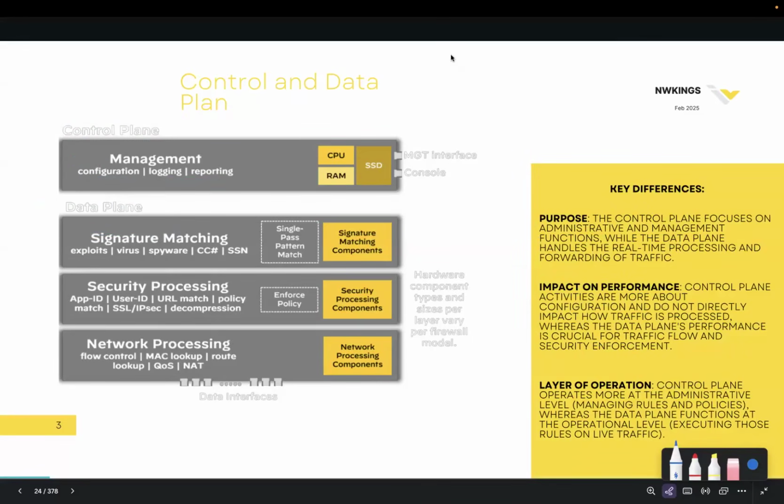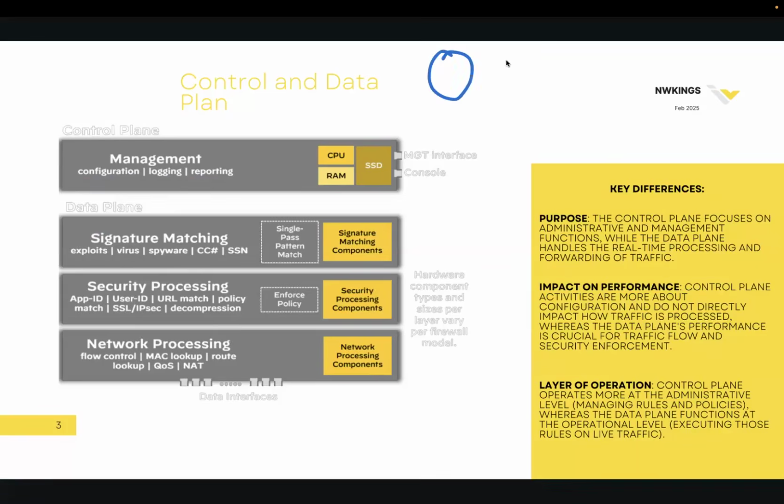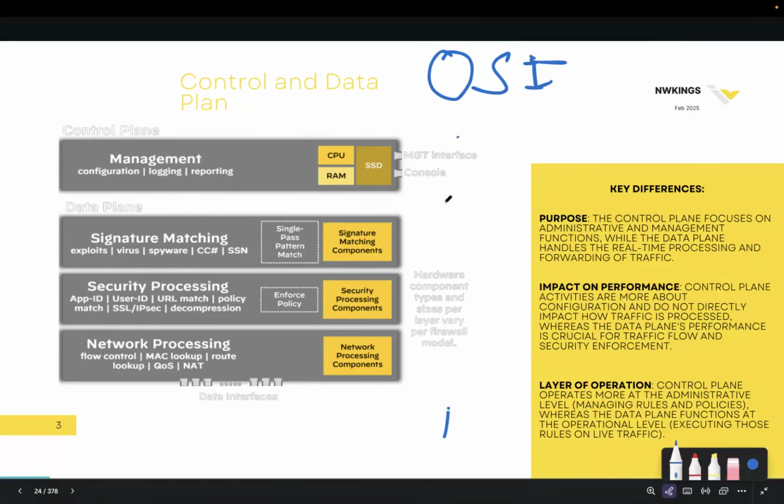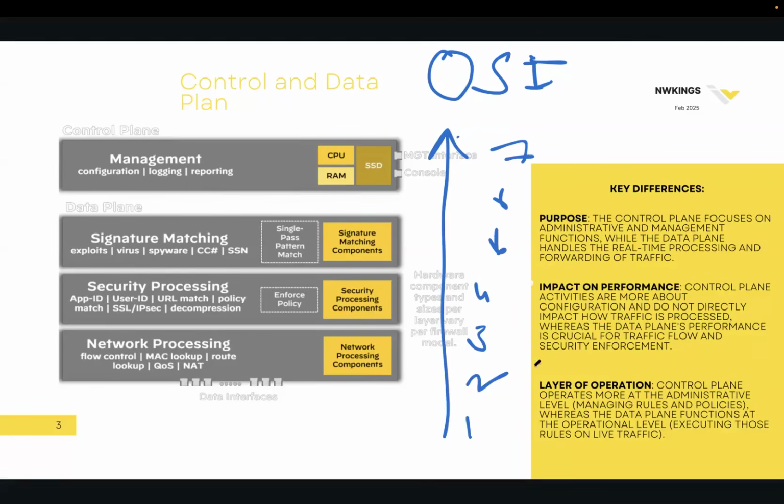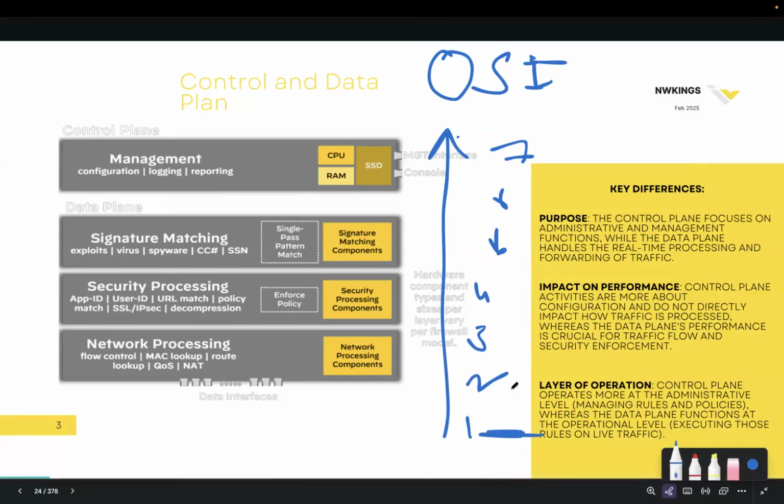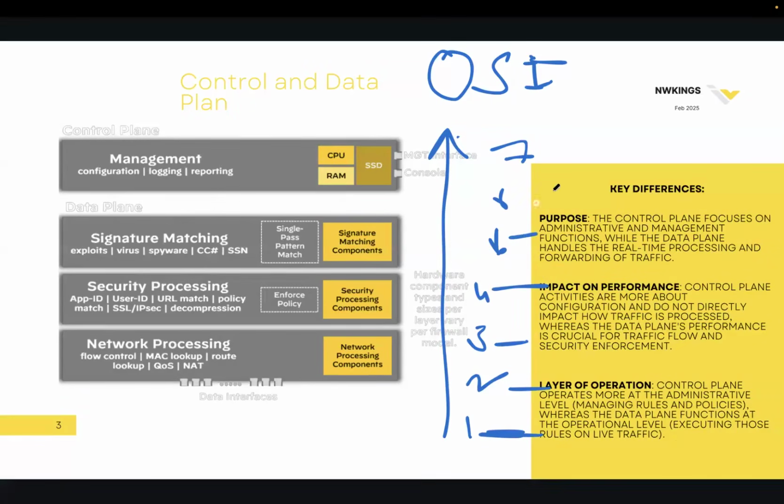So in your childhood, you maybe talked about the OSI layers, right? OSI 1, 2, 3, 4, 5, 6, 7: bit, MAC, IP, ports, protocol, session, presentation, application layer.